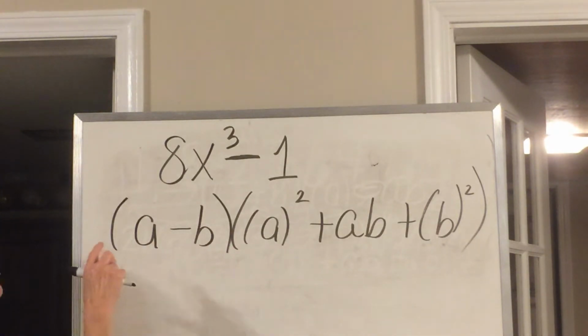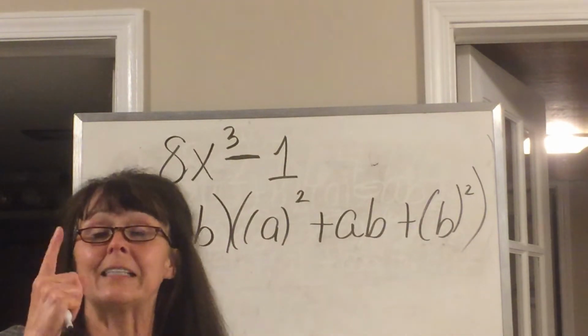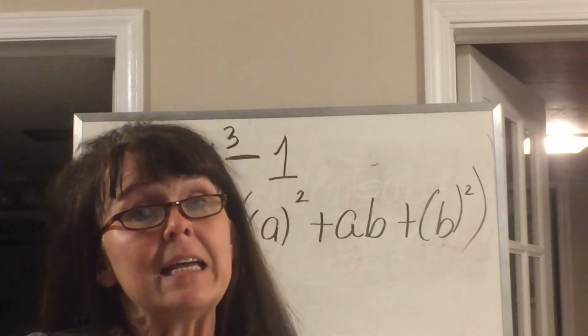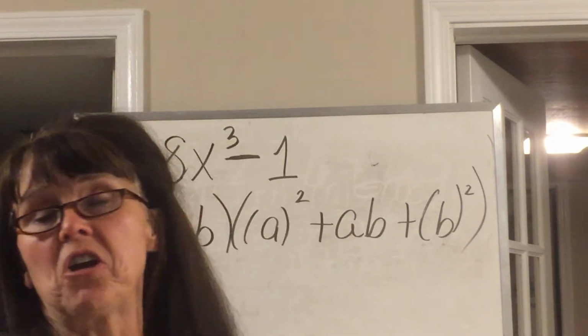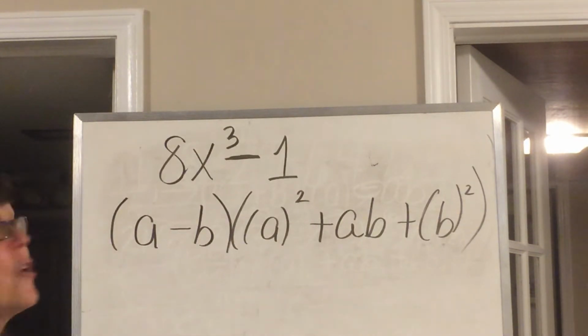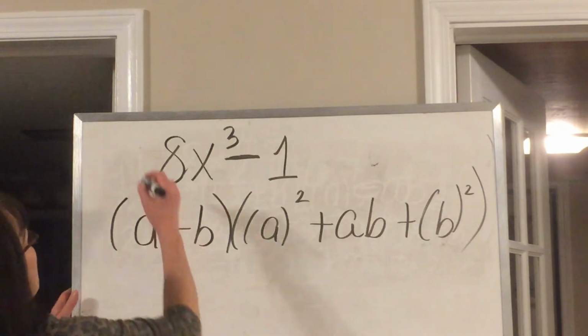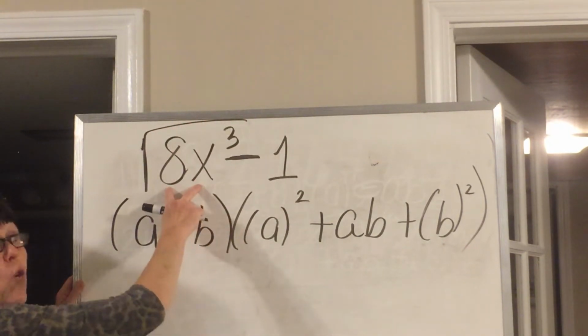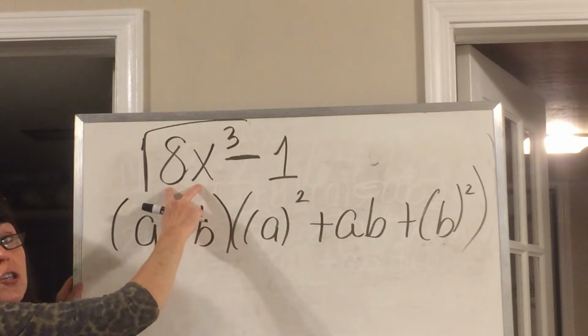Now, the formula only has 2 letters in it. It has A in it and it has B in it. So if you can figure out what A is and what B is, then all you'd have to do is plug it in. How do you find A? You take the cube root of whatever comes first.